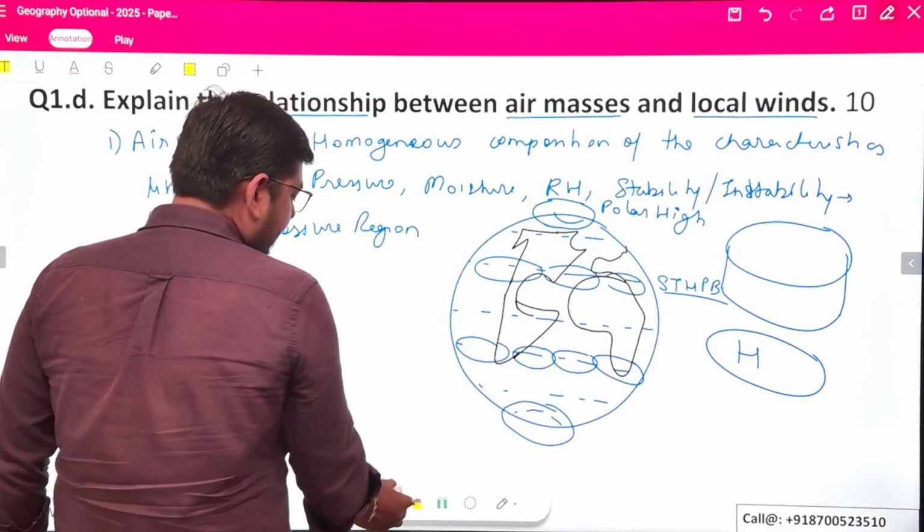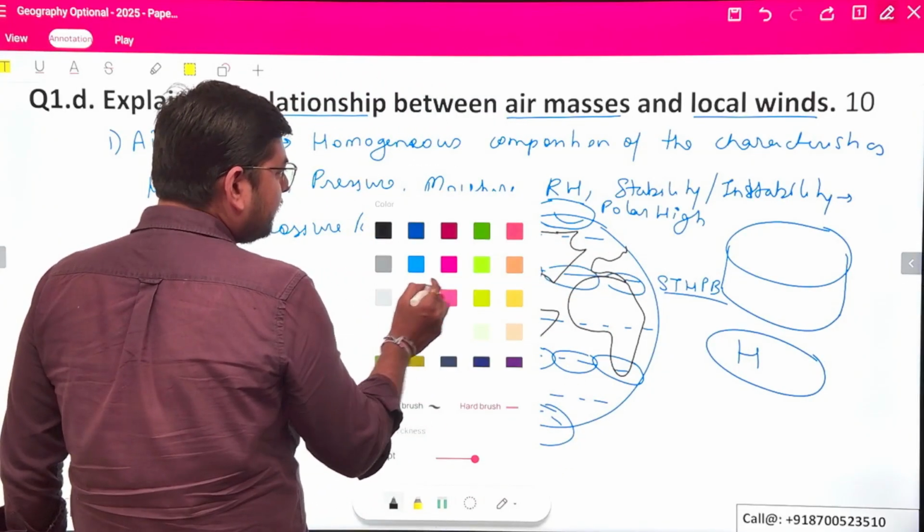Here we can see the presence of North America, Africa, and a certain part of Europe.